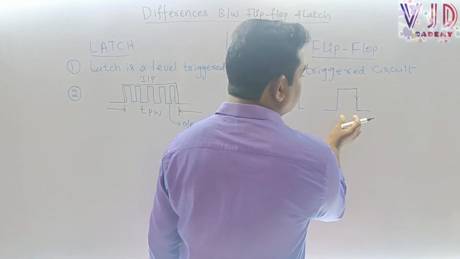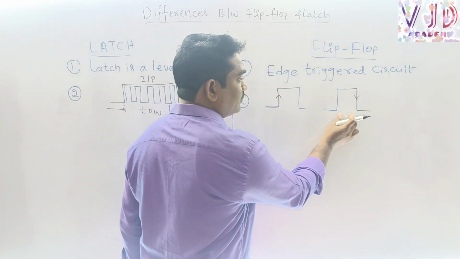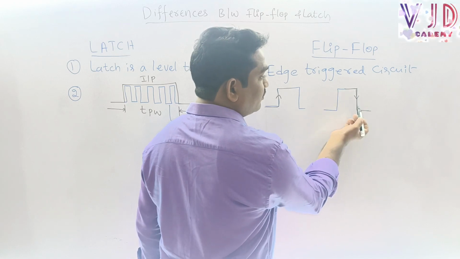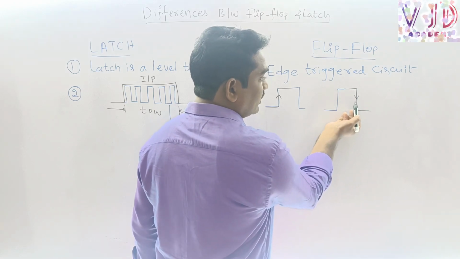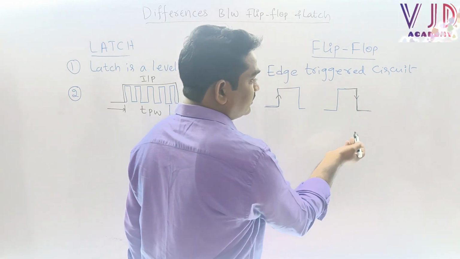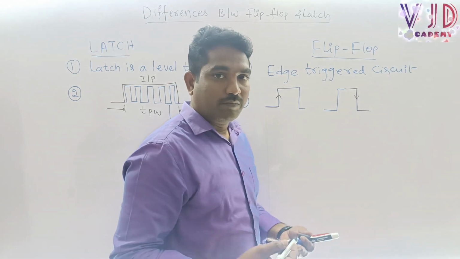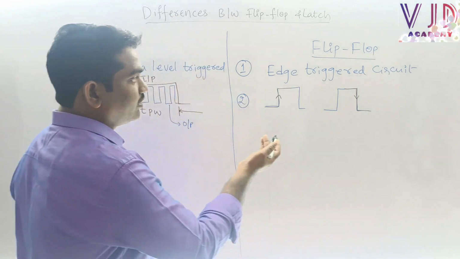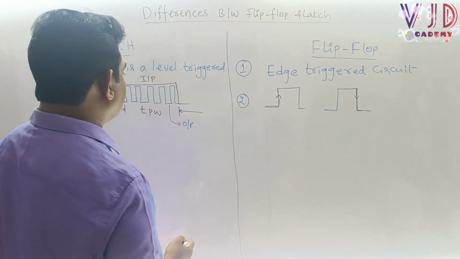And when we apply this kind of falling edge, then the input may be accepted by the flip-flop to perform the corresponding operation. That is the positive edge and the negative edge.